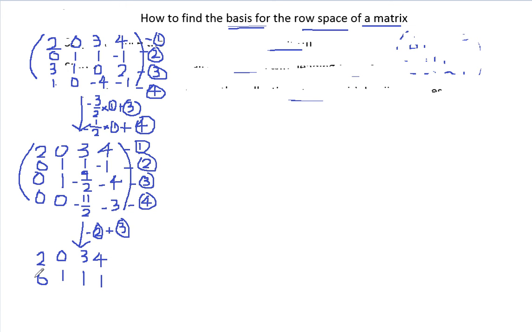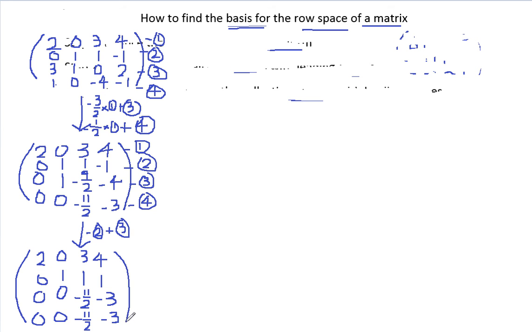Now for this 0, then here is minus 1 plus 1 equals 0. For this is minus 1 minus 9 over 2 equals minus 11 over 2. And for this, minus 1 times minus 1 equals 1. 1 minus 4 equals minus 3. And now we bring the fourth row over: 0, minus 11 over 2, minus 3. So now we have gotten this form.